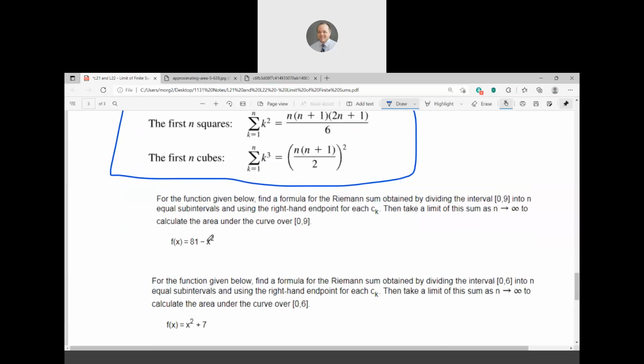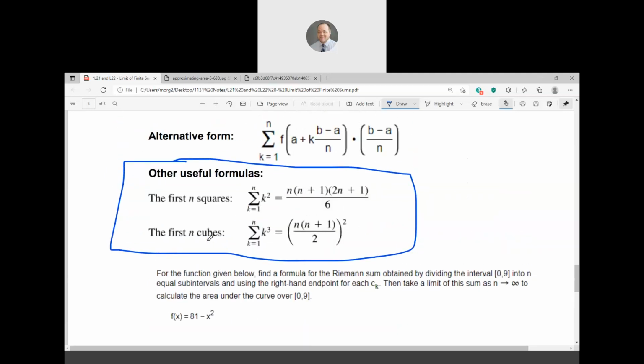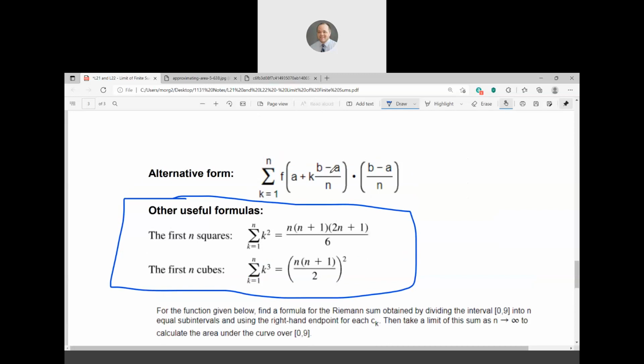Now let's look at the first problem. We're going to find the area under this curve using this particular formula called the alternative form.